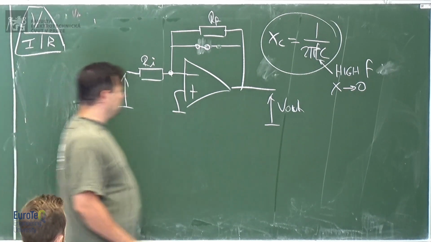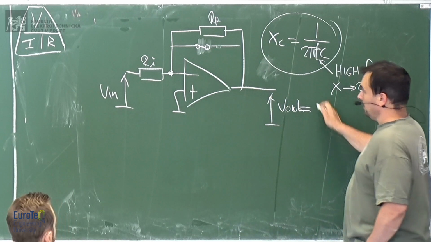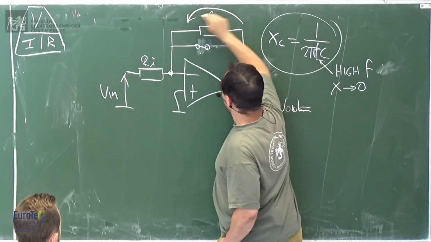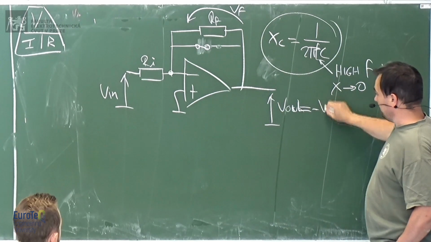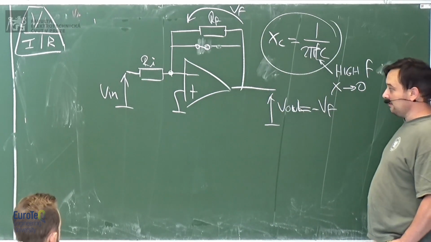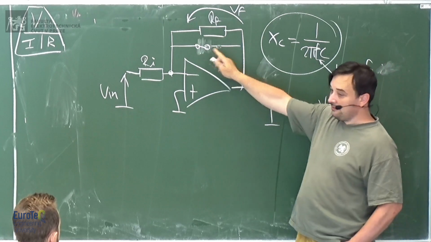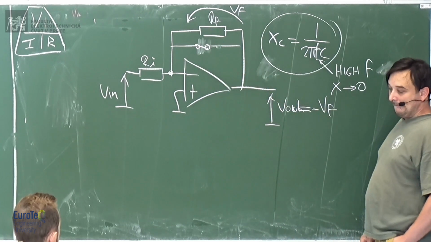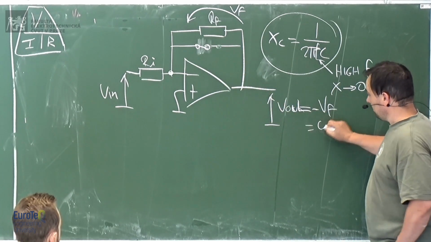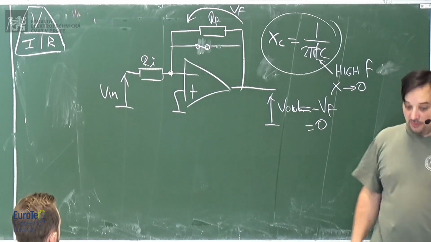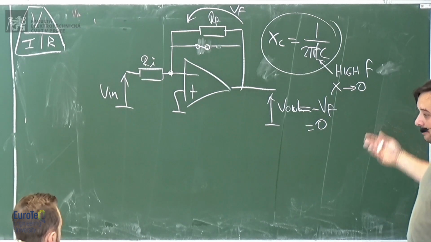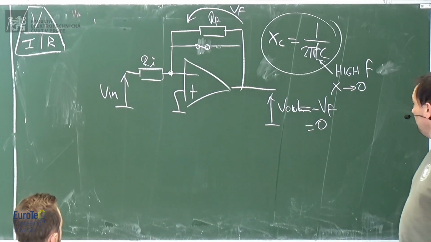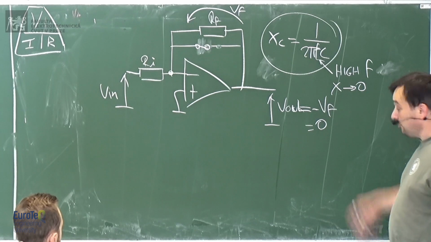What is the output voltage here? If you call this VF, it is negative VF. But what is VF at high frequency? 0. At high frequency, the reactance of the capacitor goes to 0, so the output will drop down.